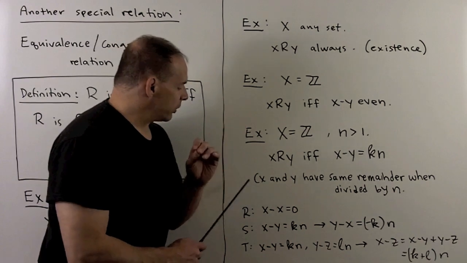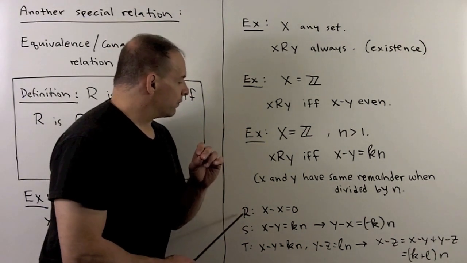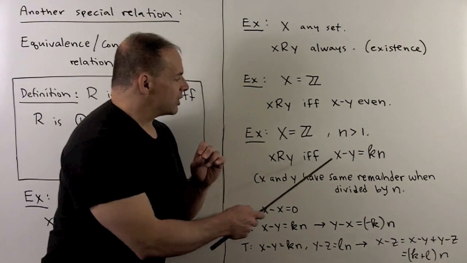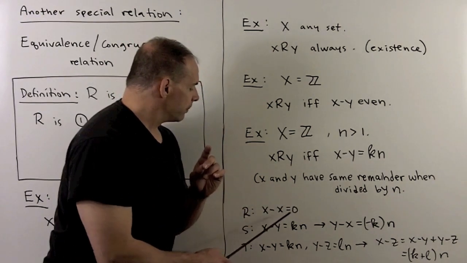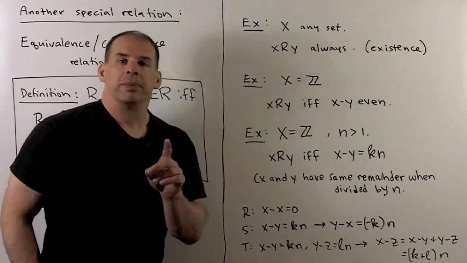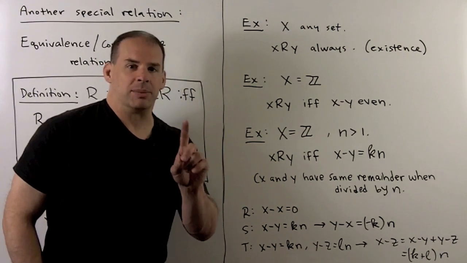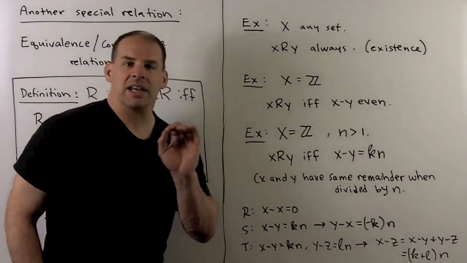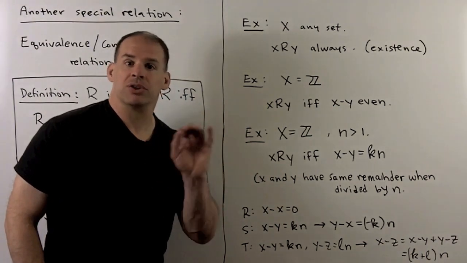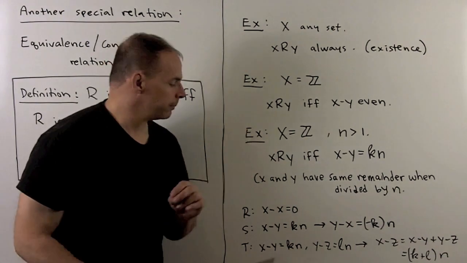Now let's just check the three properties. So for reflexive, if we take X minus X, we're going to have 0 times n, so that works. For symmetric, if I have X minus Y equal to K times n, then we'll have that Y minus X is equal to minus K times n. K is an integer, then so is minus K, so that works.